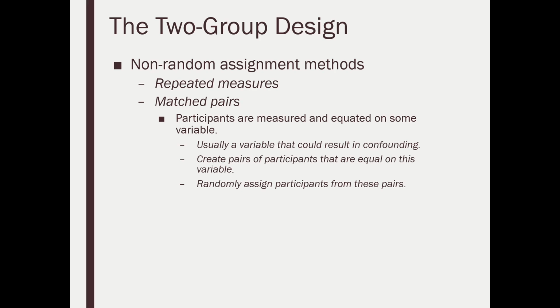So we might have too small of a sample for randomization to work because we might accidentally end up with, let's say, all the women in one group or too many women in one group. This would help to ensure that you've got equal numbers of people with the characteristic in each of the treatment conditions. You end up with groups that are fundamentally the same on that really important variable that you think might interfere.